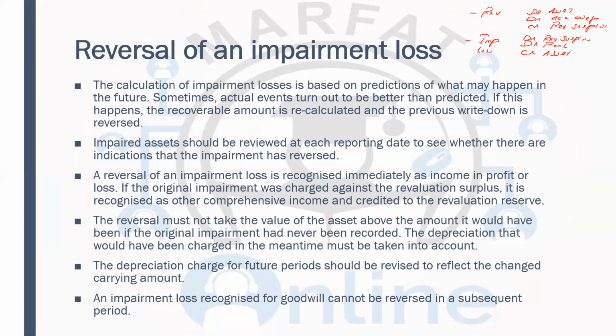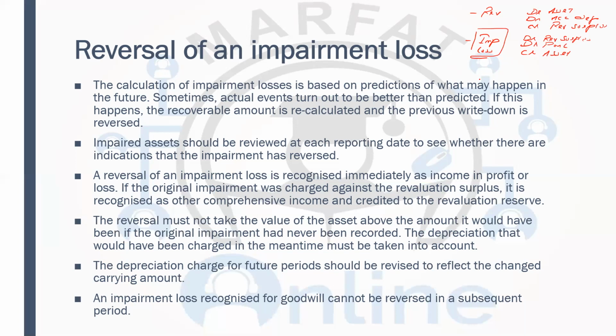Now, carrying the same idea again, impairment is dependent on the indicators, whether internal or external. You already know that from the previous slide. Now, the idea is, what if those circumstances, those events which caused the impairment have now reversed?